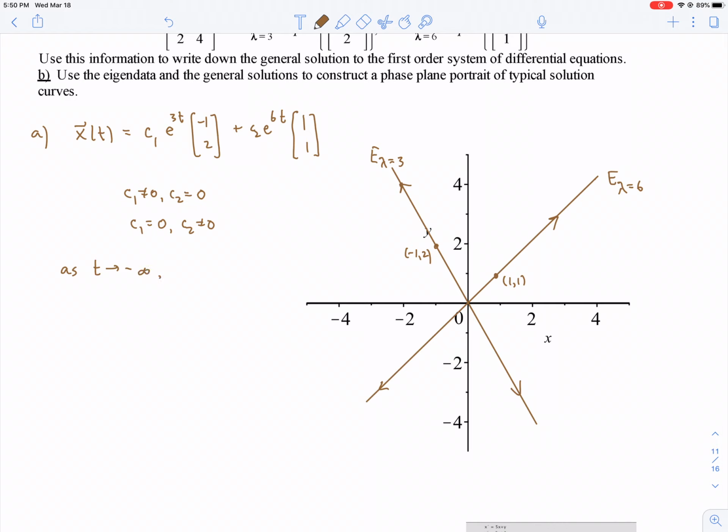So in that case, the exponentials in each term are going to go to 0, so x of t goes to 0, but the e to the 6t term goes to 0 faster. Remember, t is going to minus infinity.